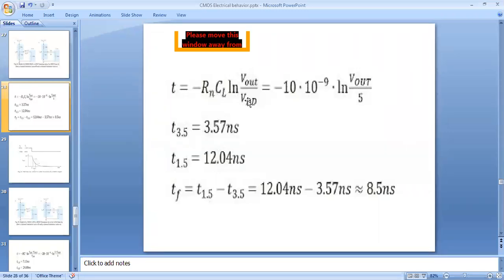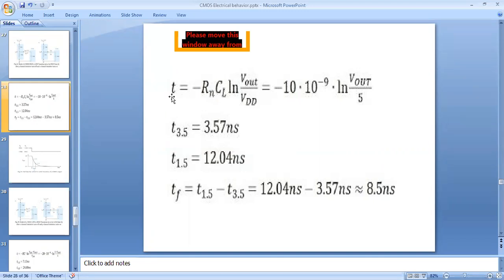Whenever the exponential term comes to this side, it automatically becomes a natural log. So from the above expression, take the time period small t.